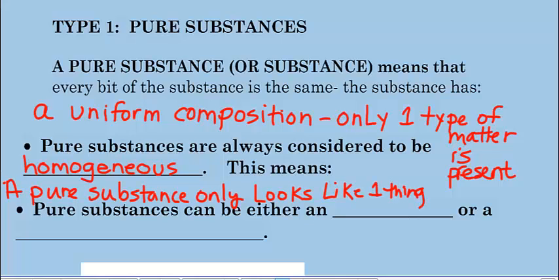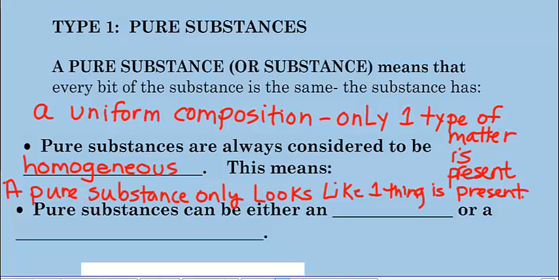And when I say only looks, I mean with your naked eye, not your Miss Frizzle glasses. So when you look at water, it looks like only one thing is there, right? It's clear, it's transparent, blah, blah, blah. When you look at gold, it only looks like one thing is there. It just looks like gold. You don't see parts. There's only one thing present, or it looks like there's only one thing present.